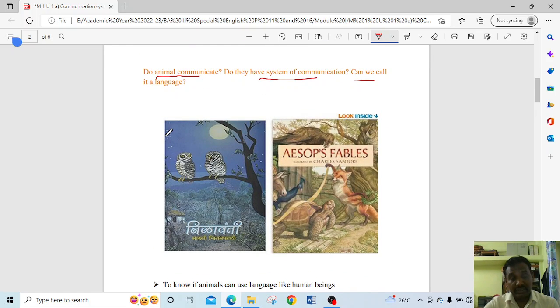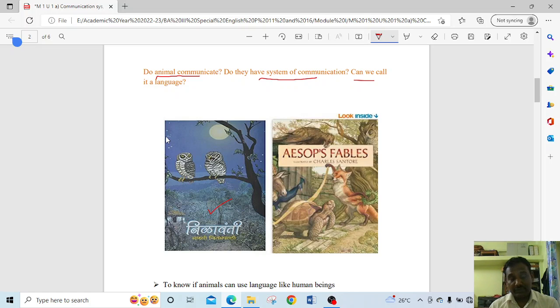Now you might have heard about Niravanti. Niravanti is a legendary, mystical type of book. It is said that when you read this book, you come to know the meanings of the sounds of animals. So it is said that this book is written to understand how animals speak.